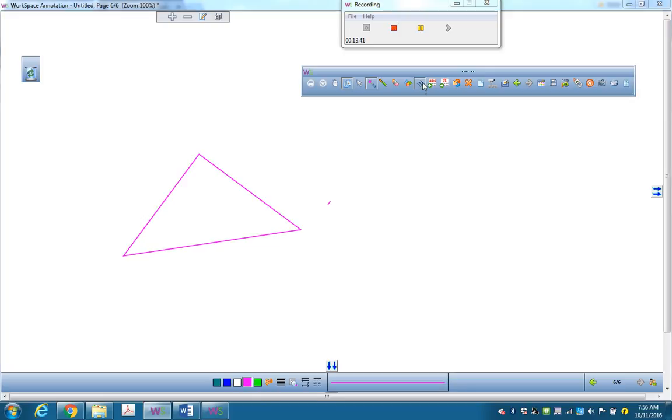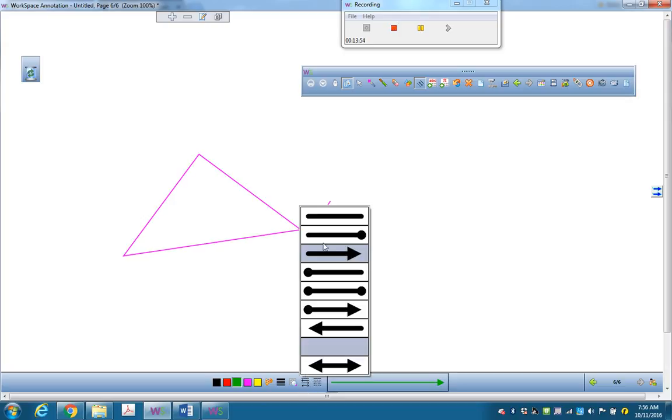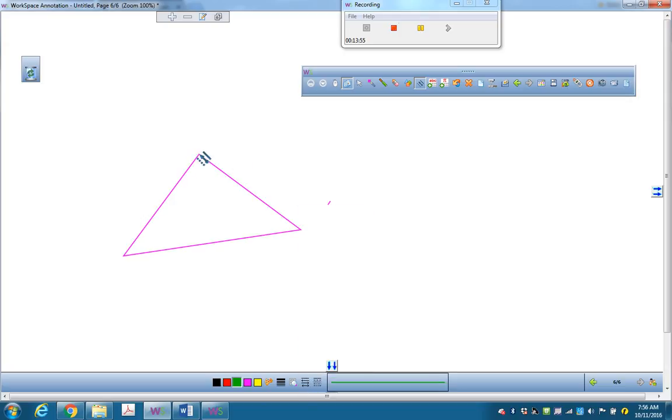So if I were to go from this point perpendicular to the other side, okay, whoops, I don't want arrows on the end. Let's change that so I don't have an arrow there. This would be an altitude. And you can have an altitude from all three vertices.